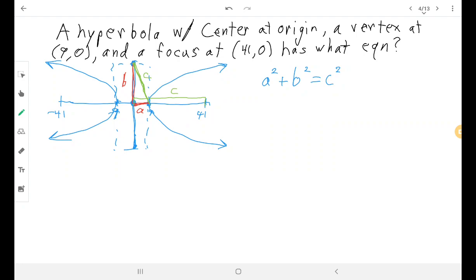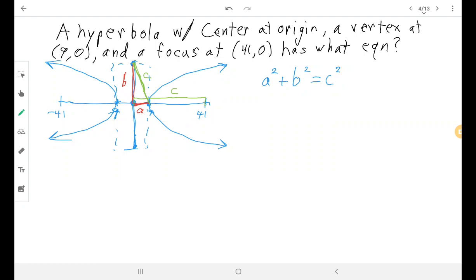Now remember, that wasn't quite the same for ellipses, but that is how this works for hyperbolas, and you just got to be able to construct the right triangle, and you should be able to see which relationship holds. The longer side is always going to be the hypotenuse, of course. The longest distance is always going to be the hypotenuse.